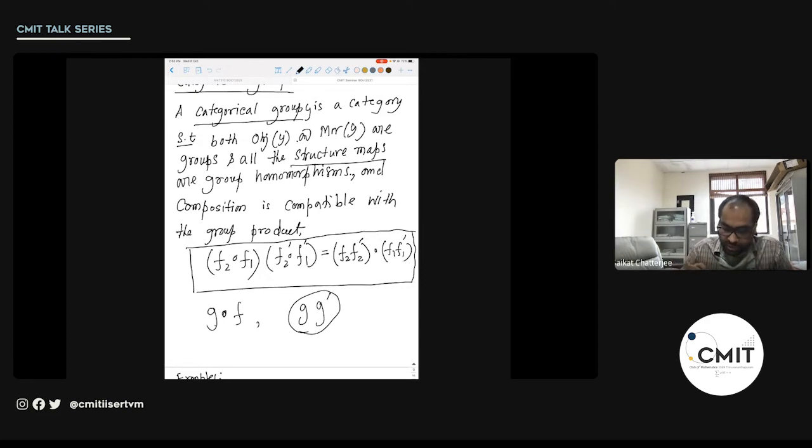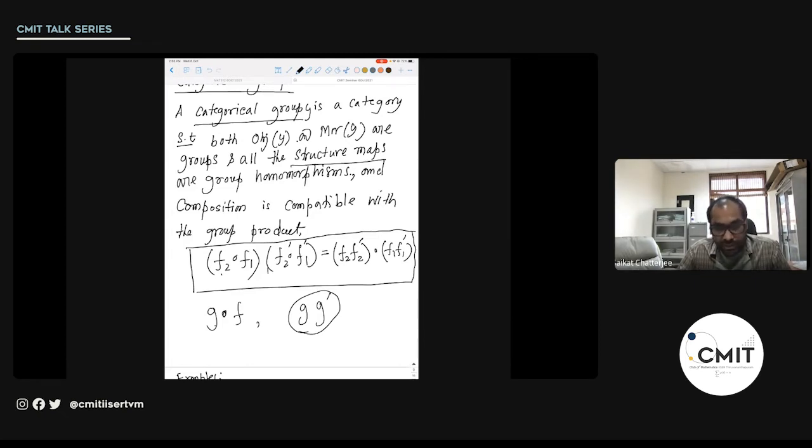So with this notation in mind, this categorical composition has to be compatible with the group law that you have there. You see here F2 compose F1, you take the categorical composition, and on the other hand you take F2 prime compose F1 prime, then you take the group product here.